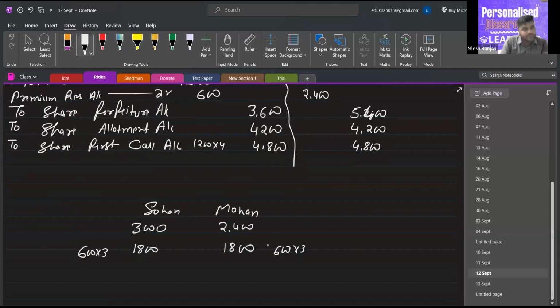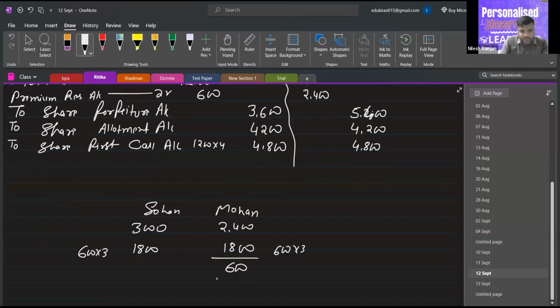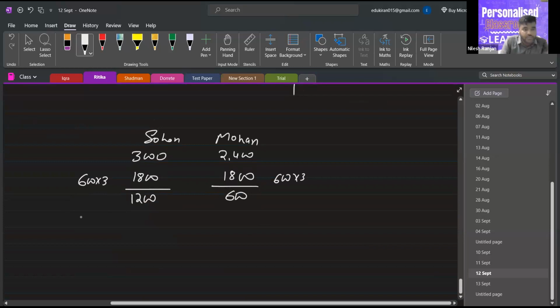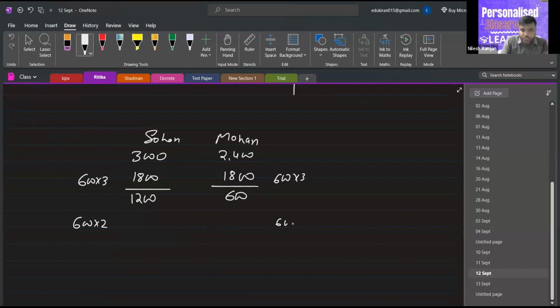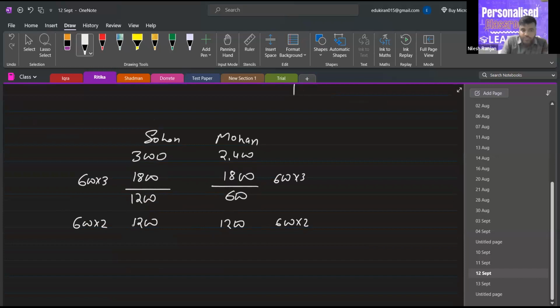How much balance money do we have left? 600, and here 1200. And how much premium do we have to receive from them? 600 into 2 and 600 into 2. So in Sohan's case, premium is covered.